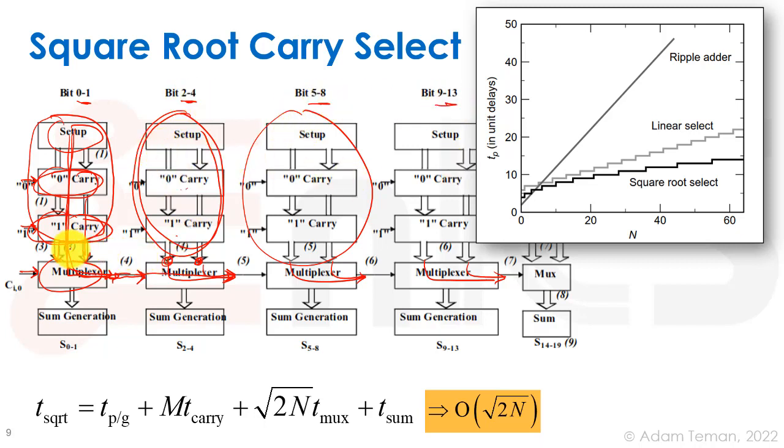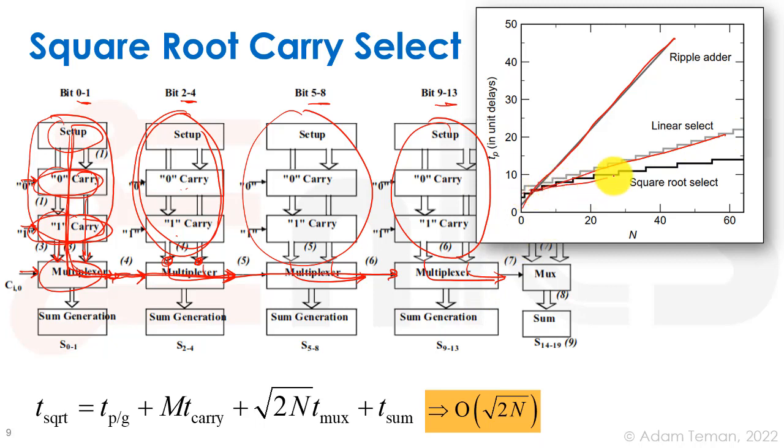Because it's going to take a while until this gets over here, we have more time to do the setup action over here. And that provides us with a square root of 2n type of propagation, which is really nice. We can see that the ripple carry adder had this high gradient linear increase, and the linear carry select or carry bypass had a smaller gradient.